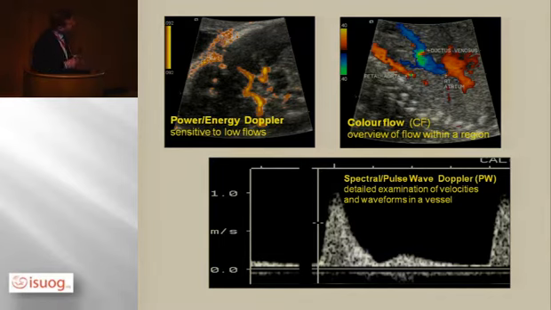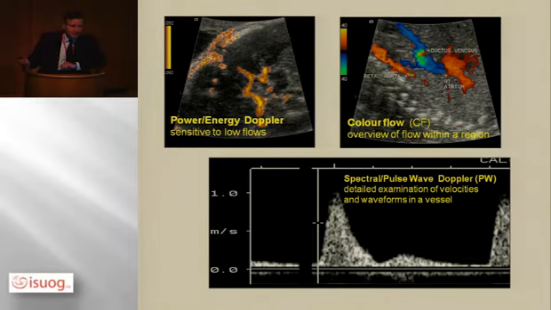We'll talk a little bit about that, but although it's fitted to all machines and was greeted with a lot of excitement when it first came out on machines in the late 1990s, really it's still a relatively niche application of Doppler. Color flow imaging is, of course, one of the mainstays of Doppler.